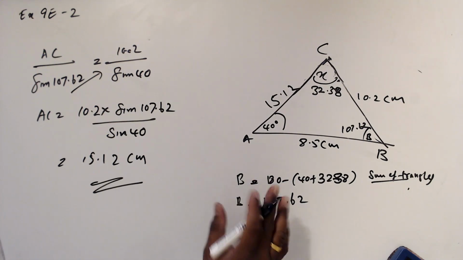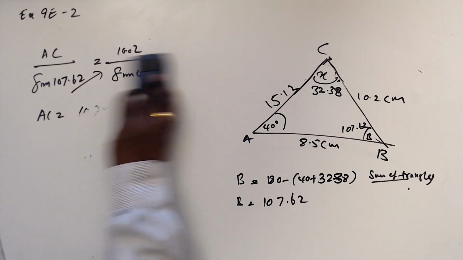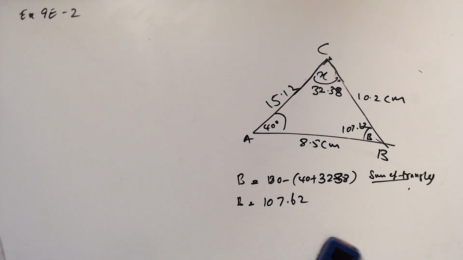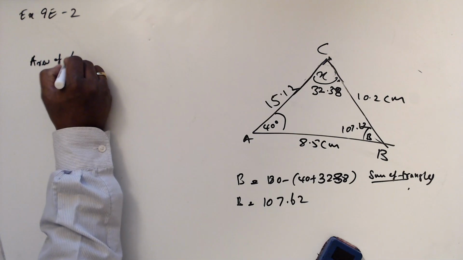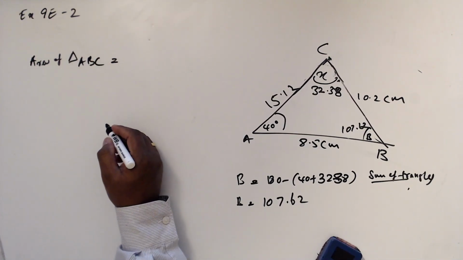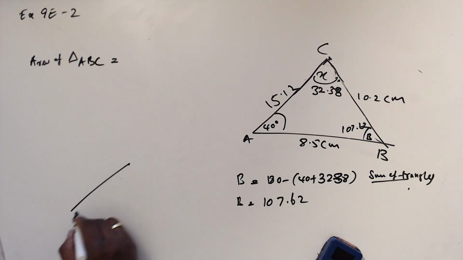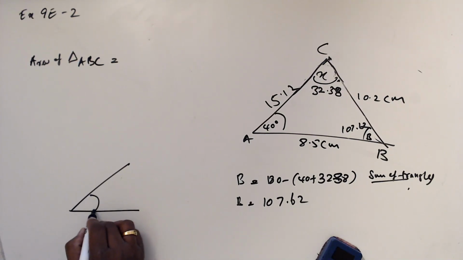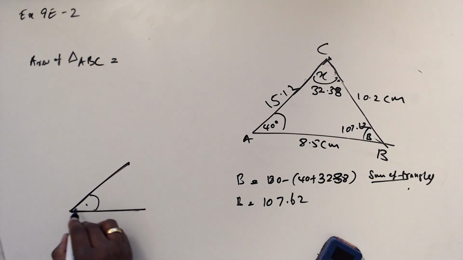Now we want to find the area of triangle ABC. If we know the angle, then we need two known lengths and the angle should be inside them.